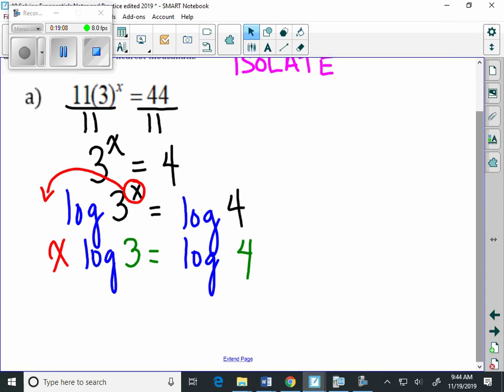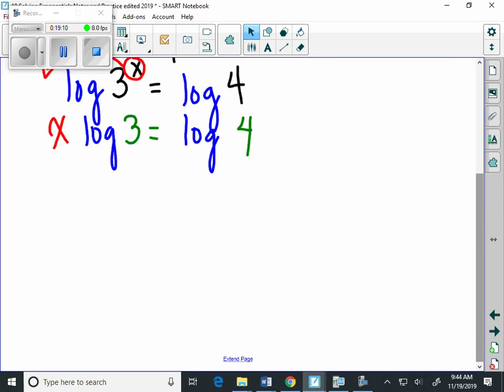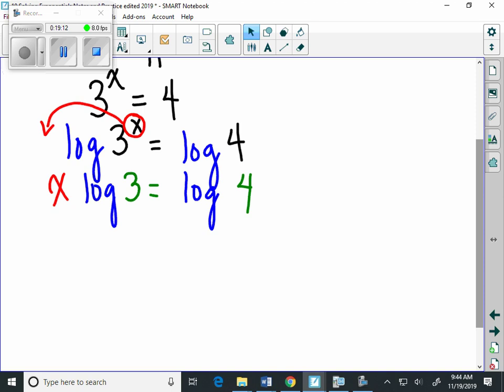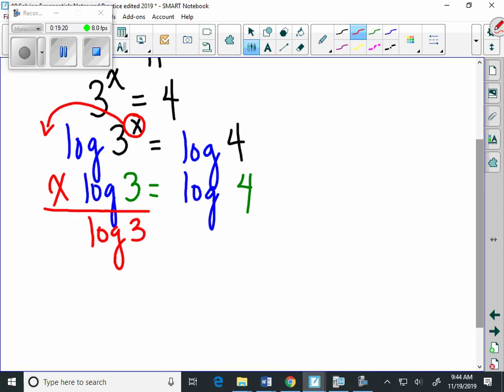And we only need one step to finish this problem, because it's x times log of 3. We're going to divide by log of 3, and we'll type it in to get our value for x.